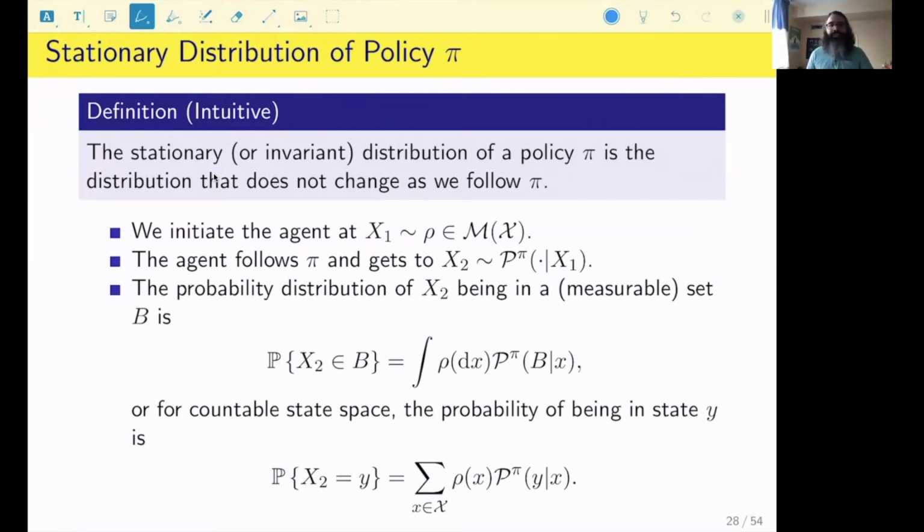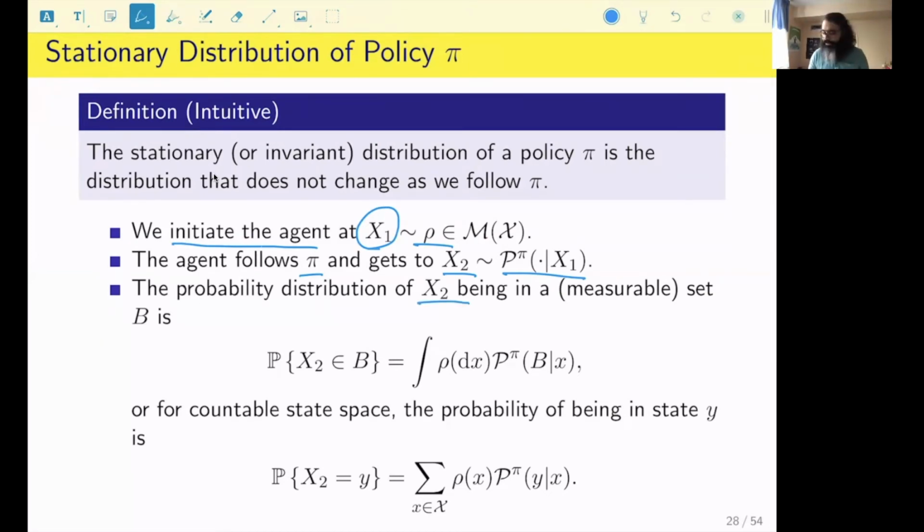So this is basically what I mentioned already. We initiate the state at x1 according to some distribution rho, and the agent follows pi and gets to x2 as usual. Then what's the distribution of x2 in the next state?